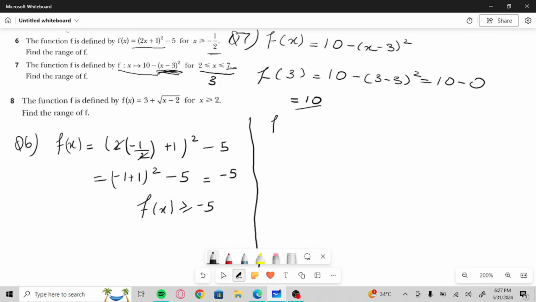So f(7) is 10 minus (7 minus 3) whole squared, which is 10 minus, what is 7 minus 3? It is 4, and 4 squared is 16. So it is equal to minus 6.